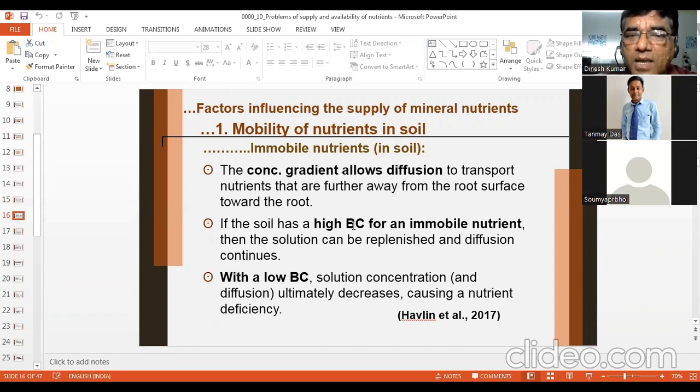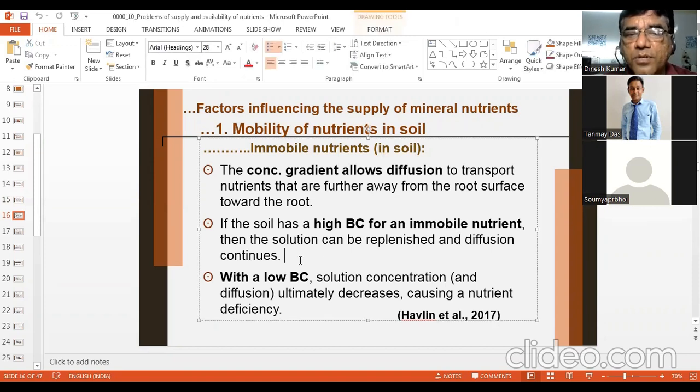If the soil has a high buffering capacity for an immobile nutrient, then the solution can be replenished and diffusion continues. But soil should have high buffering capacity, meaning it should be replenished into the soil solution. With a low buffering capacity, solution concentration and diffusion ultimately decrease, causing a nutrient deficiency.